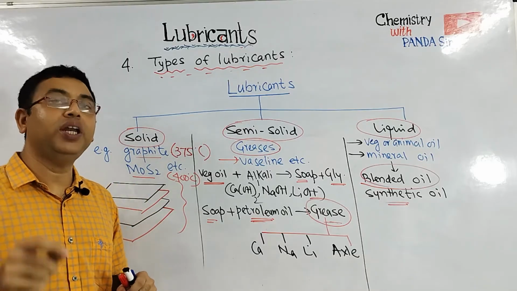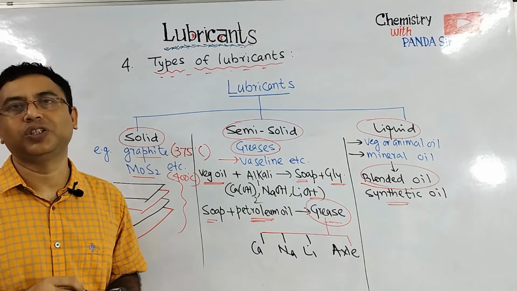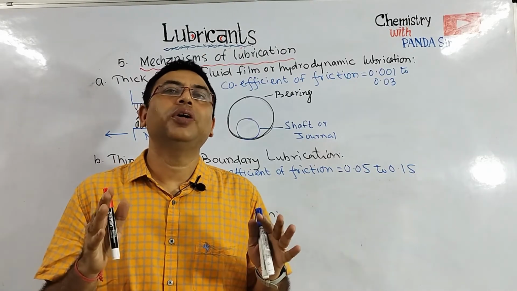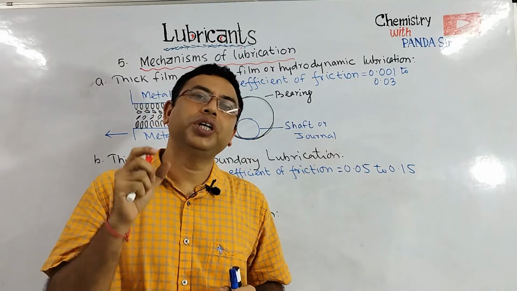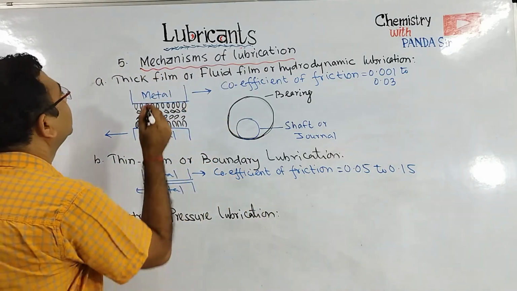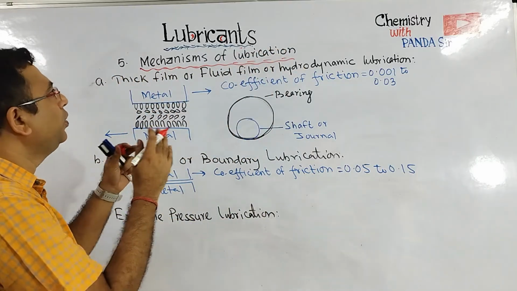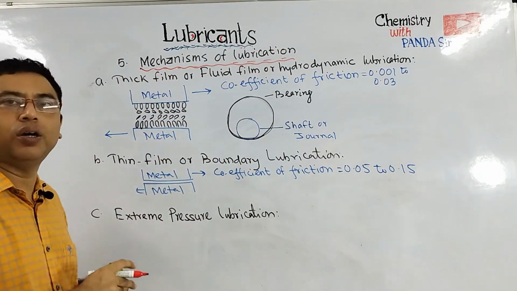So all these are the different types of lubricant, and now we are going to the very last part, but very important, and that is the mechanism of lubrication. Now we are going to discuss the most important part of this topic. The lubrication mechanism is of three types.